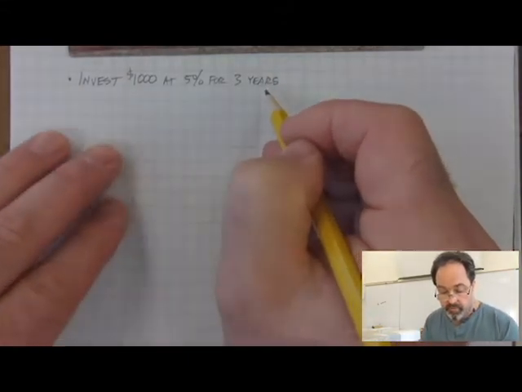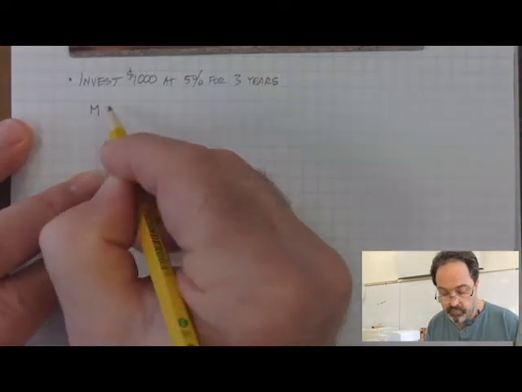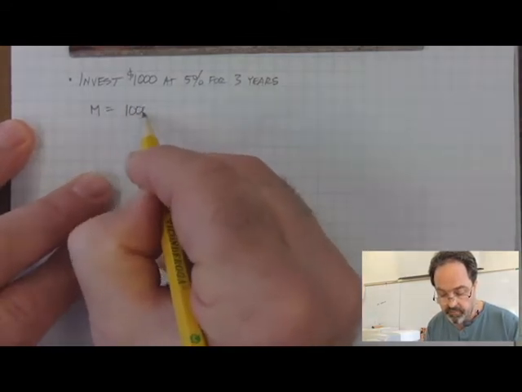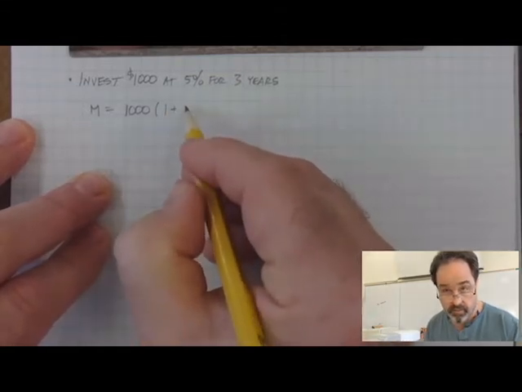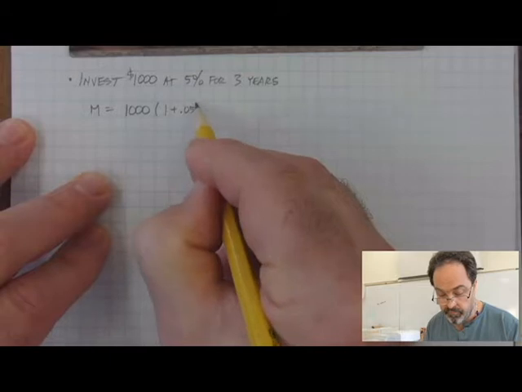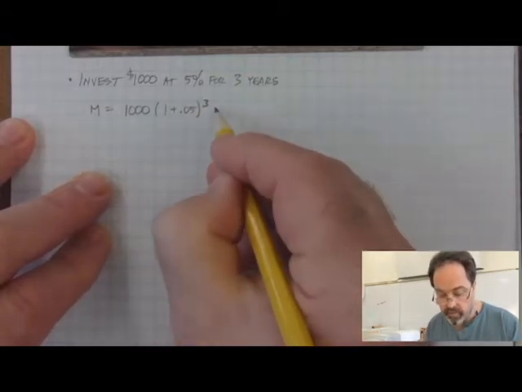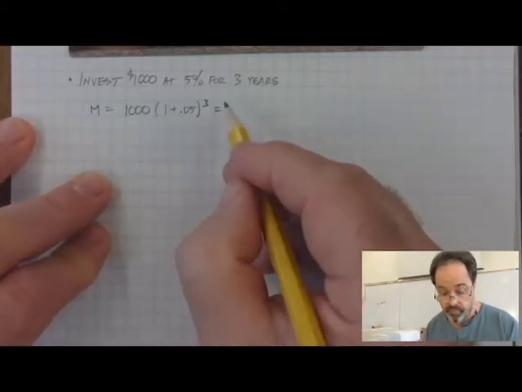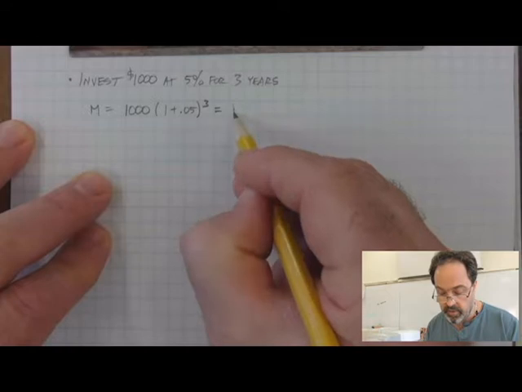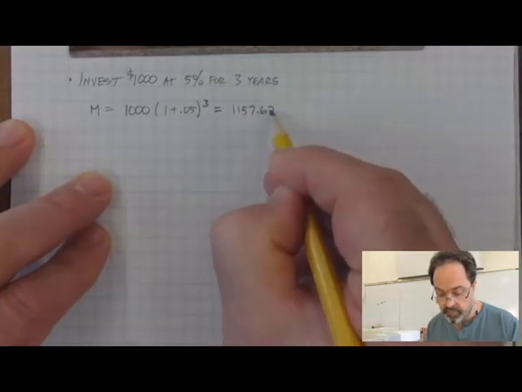We calculate how much money we would have after that amount of time by taking the $1,000 and multiplying by 1 plus the interest rate as a decimal, 0.05, and then raise it to the third power. A calculator can help us with this. 1.05 to the third, then times 1,000, is $1,157.62.